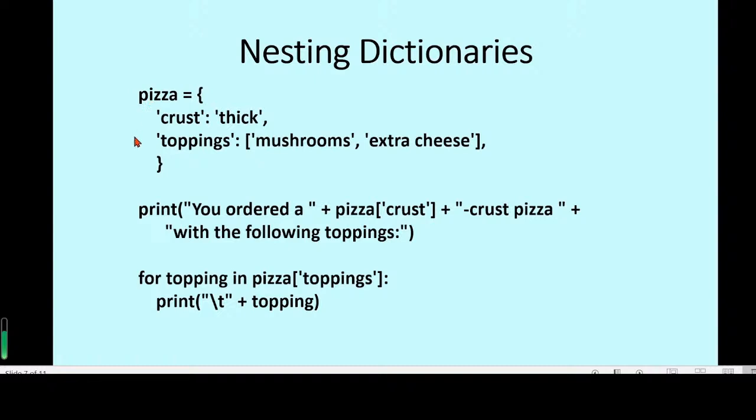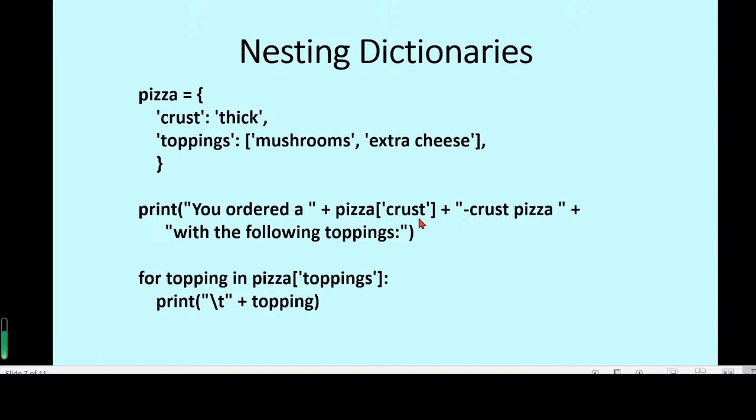So we make a pizza dictionary. Inside this dictionary are two keys called crust and toppings. For the crust, there is only one value, thick. But for the toppings, there is a list of values. Next, we can print out information. You order the pizza's crust.